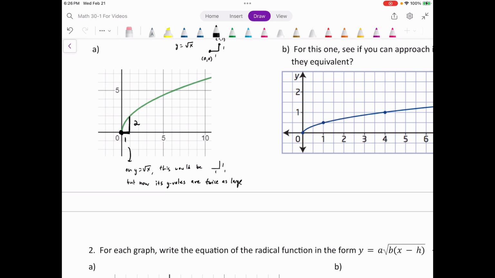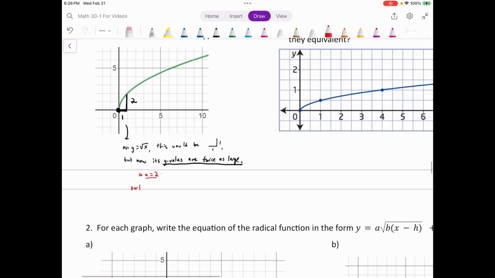Well, there you go. If the y values are twice as large, what have we done to every y value? We've multiplied them by 2. So what transformation have we performed? What transformation involves multiplying every y value by 2? A vertical stretch by a factor of 2, right? So a equals 2, right? We've got a vertical stretch by a factor of 2 about the x-axis.